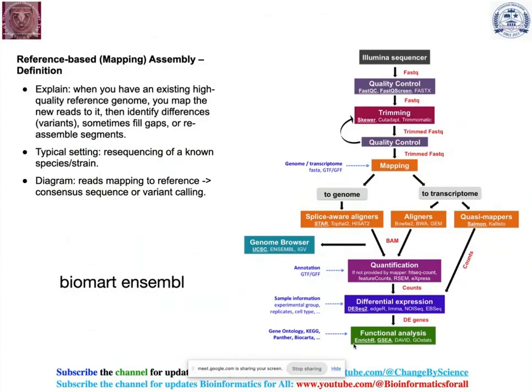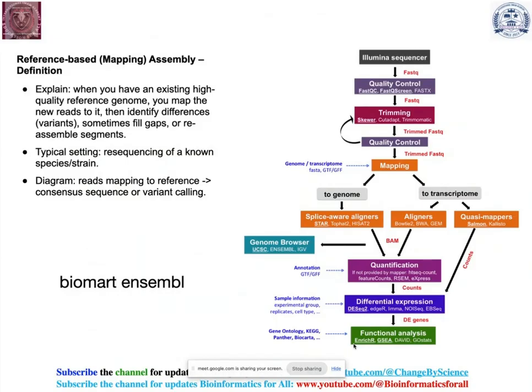Then you have the annotation part where you can annotate the genes for each map, and then if you are looking for gene expression or differential gene expression or mutation, then you have some different steps. But in case of RNA-seq, once you map, annotate the genes and you have the gene expression value, then you proceed towards differential gene expression profiling and pathway enrichment analysis.